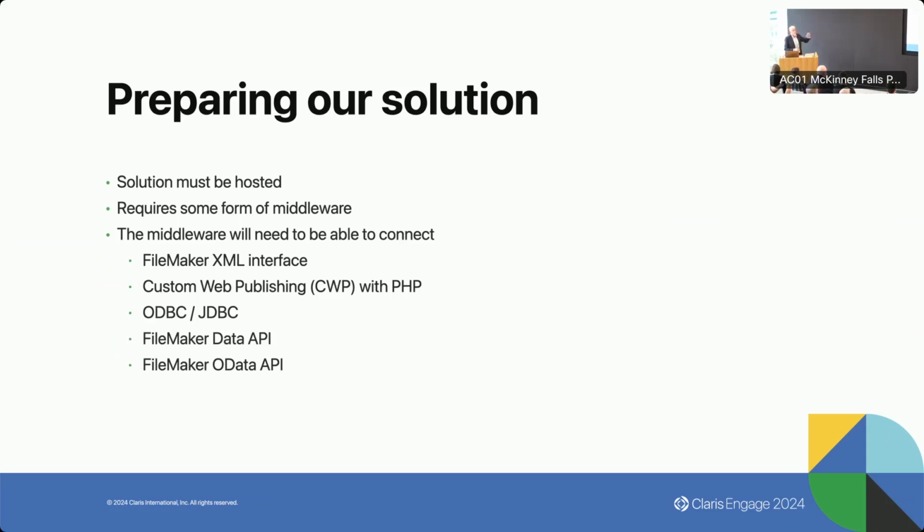Now, which of those 3 you choose will be very much about the middleware that you end up using to perform that integration. All of these are aspects of FileMaker Server, which is why I said at the outset that our solution must be hosted. Because in order to use any of those techniques or those technologies, it has to be on FileMaker Server.